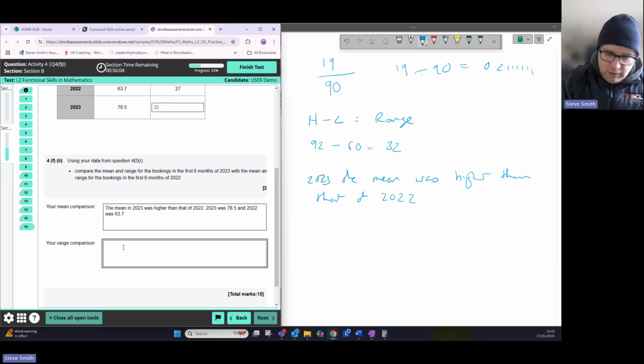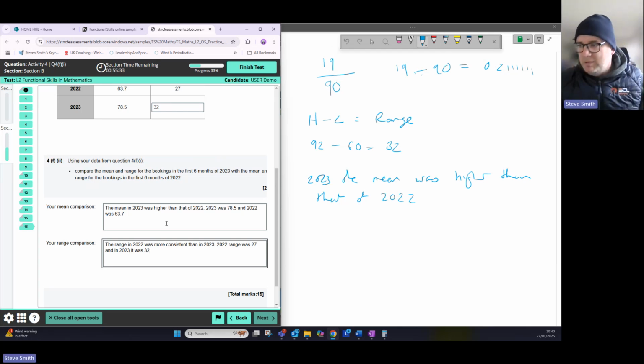So I'm going to write in here the range in 2022 was more consistent than in 2023. 2022 range was 27. And in 2023, it was 32.